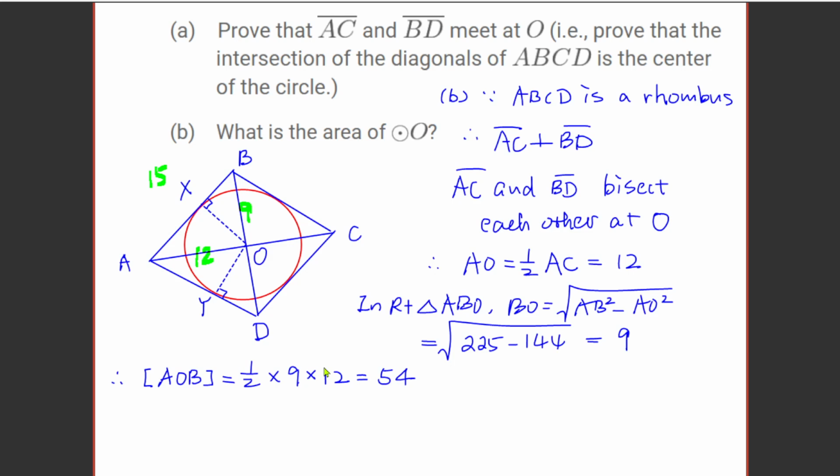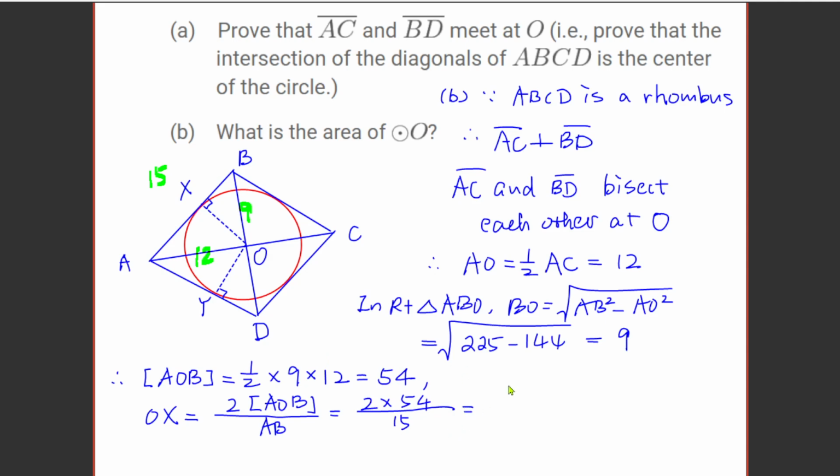So we now can find the distance from O to segment AB. We have OX equals twice the area of AOB over the base AB, which is 2 times 54 over AB, 15.